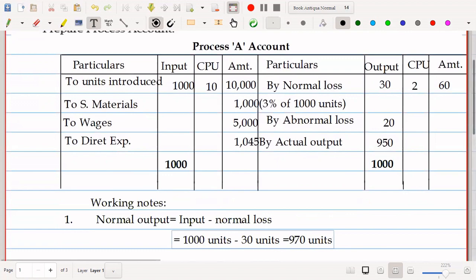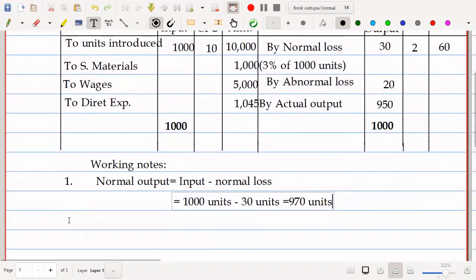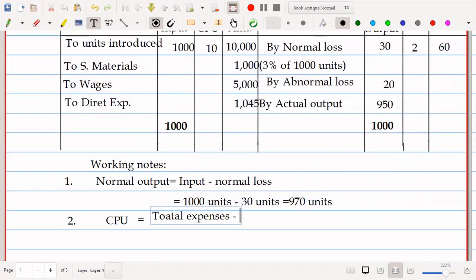And the second working note we require is to calculate CPU. The second one is CPU, equal to total expenses minus scrap value, divided by normal output.